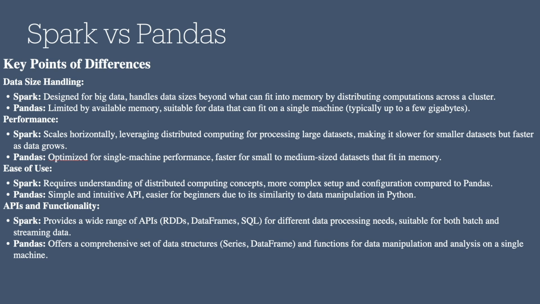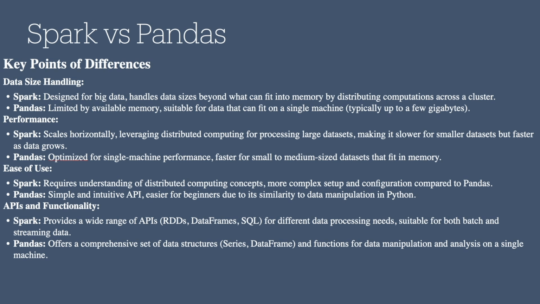So the next point is APIs and functionality. On the Pandas side, Pandas provides a rich set of data manipulation functions. You can use these functions for data cleaning, transformation, or exploration, but these functions are suitable only for single machine computation. On the Spark side, Spark provides similar functionalities through its Spark SQL and data frame APIs.